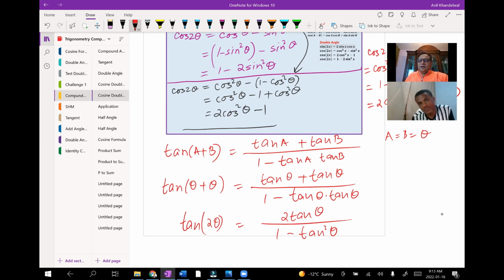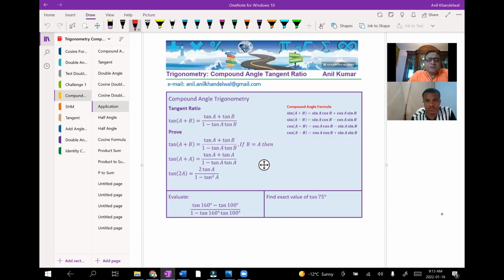Yes. Now, we can apply these learnings in many different ways. I have shown you how we derive the formula for tan 2 theta, as shown here, right? Now, the question for you is: find the exact value of tan 75. How will you find the exact value of tan 75? Tell me.